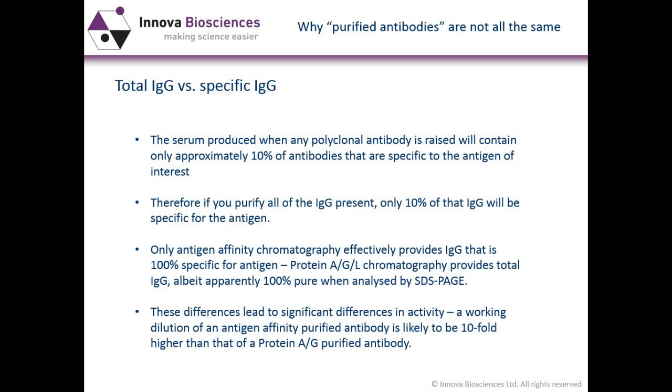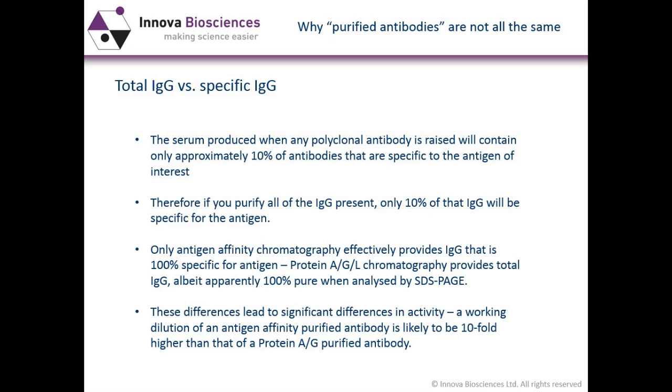These differences will actually give you significant differences in activity. So remember that the working dilution of an antigen affinity purified antibody could well be tenfold higher than that of a protein A or G purified antibody. It's well worthwhile looking at antibody data sheets to see exactly what you're getting.